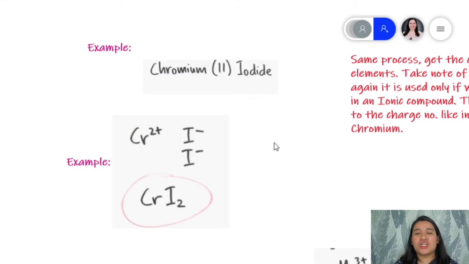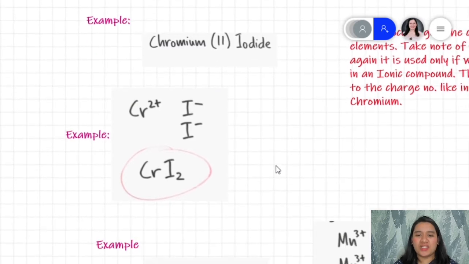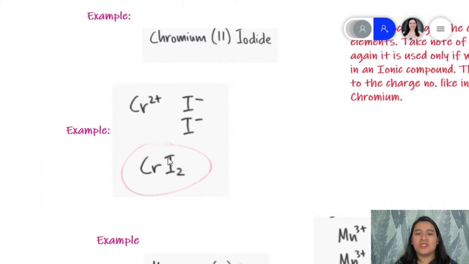Because again, the charge of iodine is negative 1. So we will add another iodine to get 2. So 1 plus 1 is equal to 2. So it is already equal with chromium that has a 2 positive charge. Since we already balanced the charges, the answer will be CrI2.